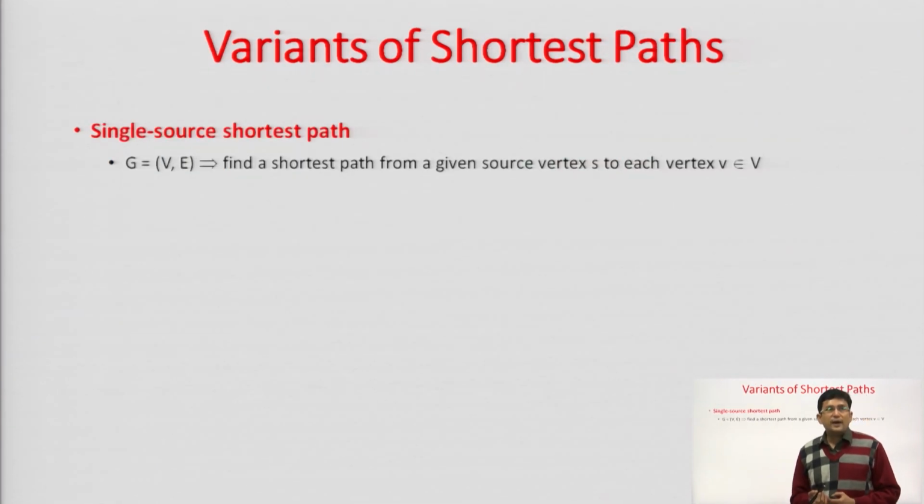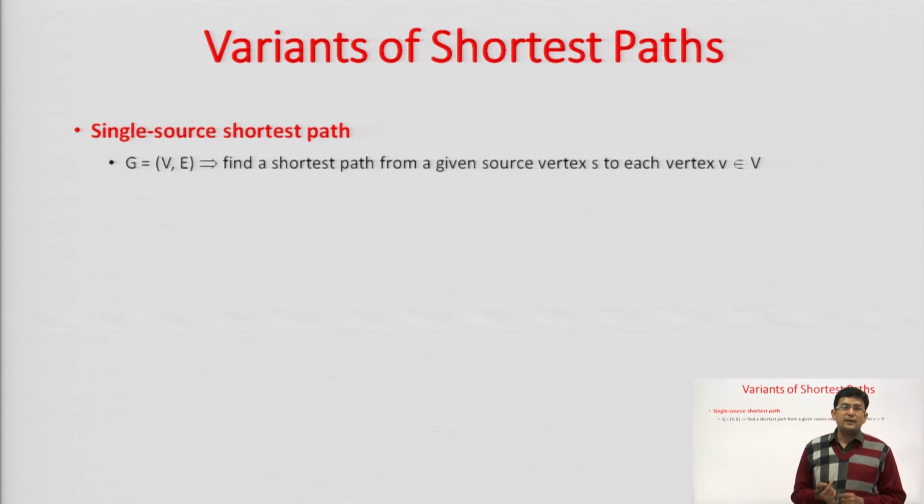Now what are the variants of the shortest path possible? One is the single source shortest path. Single source shortest path means, let us say my college is organizing a conference, and in this conference the people will be coming from different stations or different universities located in different cities. So my college has decided that they will pay the attendees the TA, the travelling allowance.